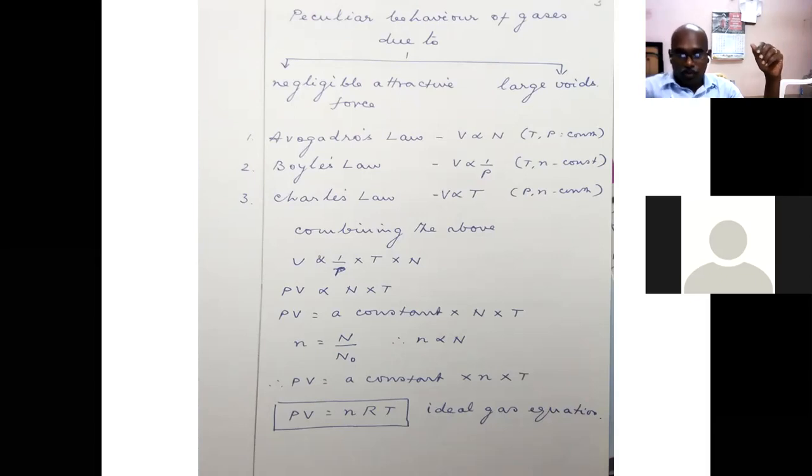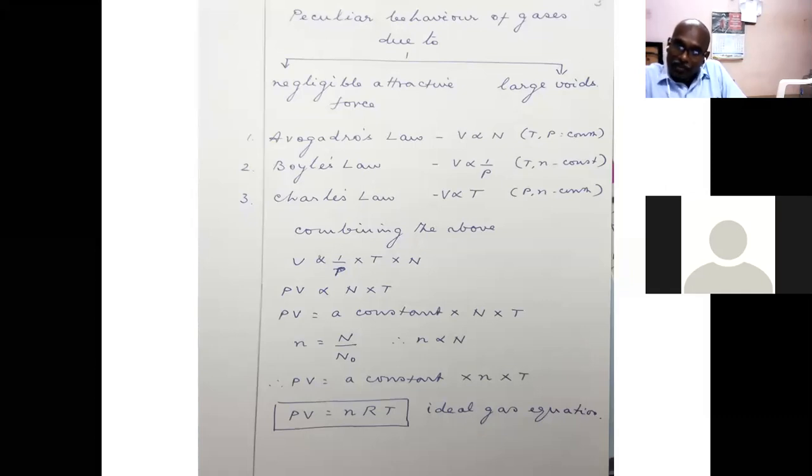Now, before going to the kinetic theory of gases, there are fundamental laws you should understand. The first law is Avogadro's law. According to Avogadro's law, volume is directly proportional to the number of moles of gaseous molecules when temperature and pressure are maintained constant.